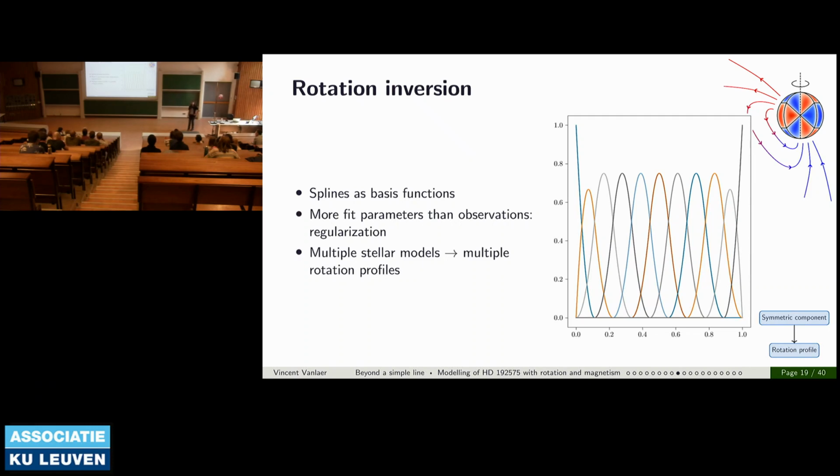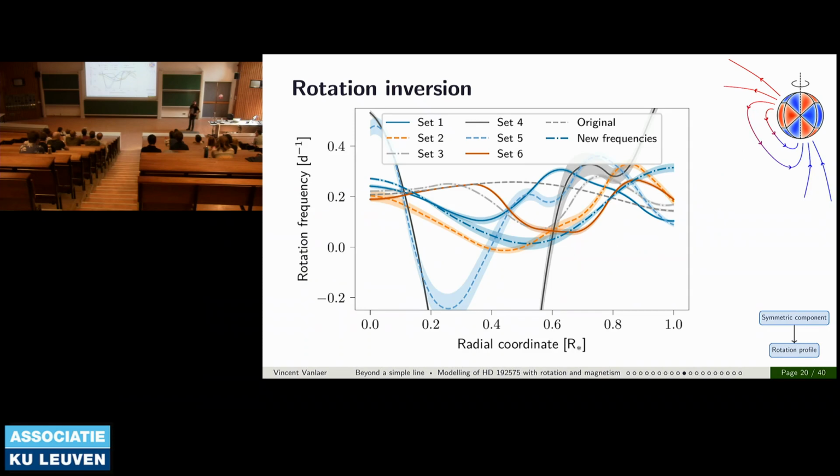So for each of those 750-ish stellar models, we will have a rotation profile. So in the end, we'll end up with 750-ish rotation profiles. And in an ideal scenario, they will all be the same. They are not. You can see here, these are the rotation profiles for the best model out of each of the possibilities for the mode identification. And some of them are relatively nice.